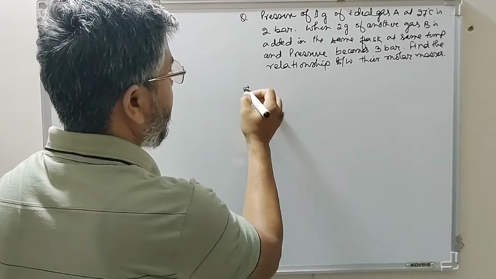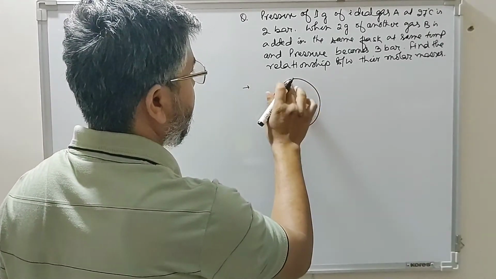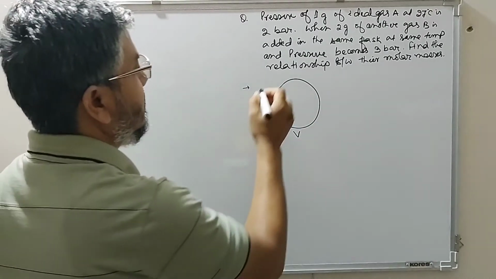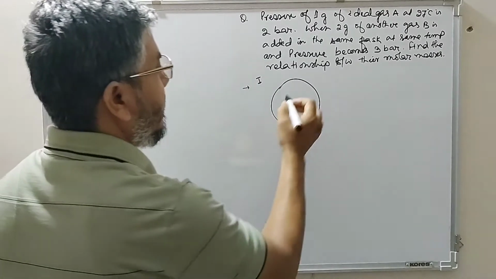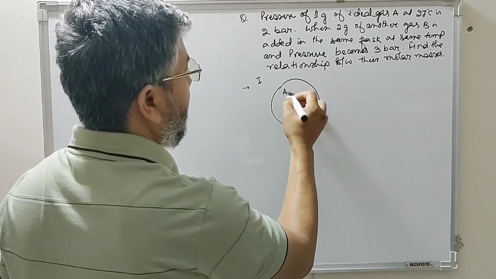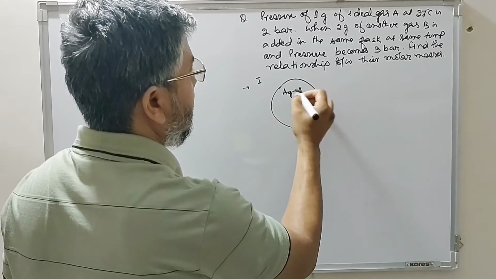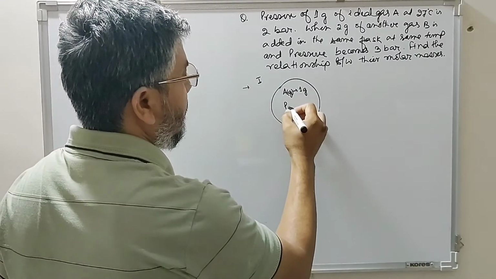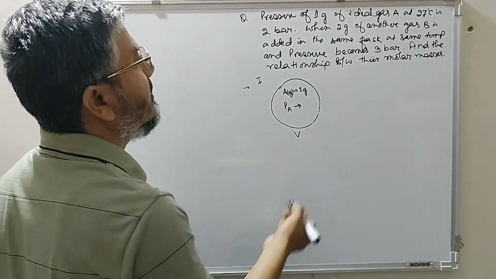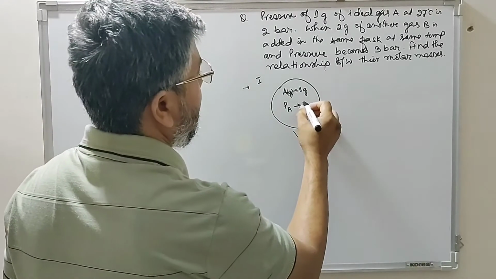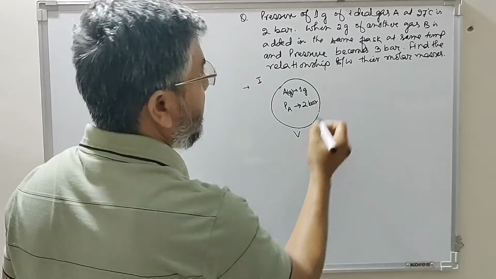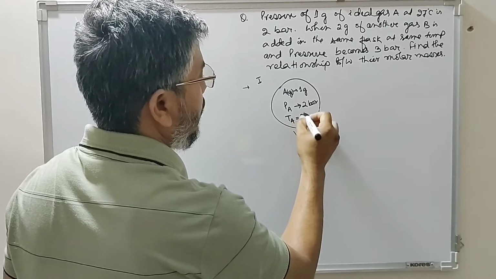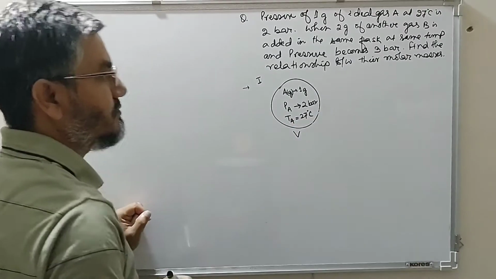The question says we have a container of volume V. In case 1, we have a gas A of 1 gram and the pressure of A in this container is 2 bar. The temperature of A is 27 degrees centigrade.